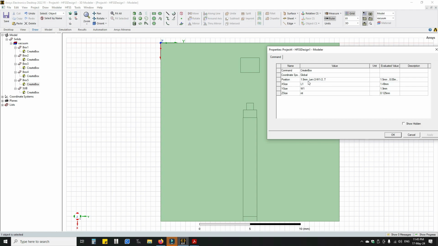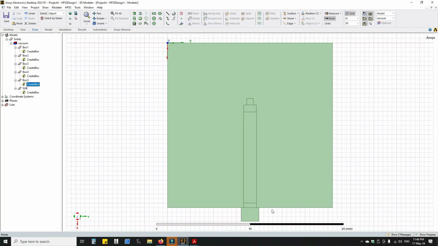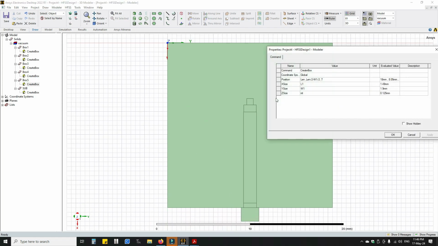I'm going to start from the bottom first of all at the length L1. Now if I place minus here, it started somewhere here. Now I'm going to subtract the first one, L5.